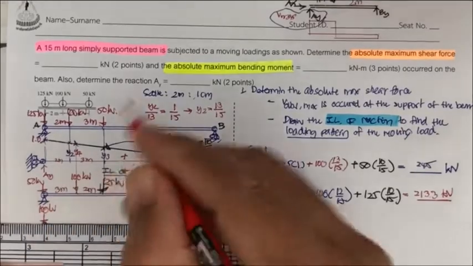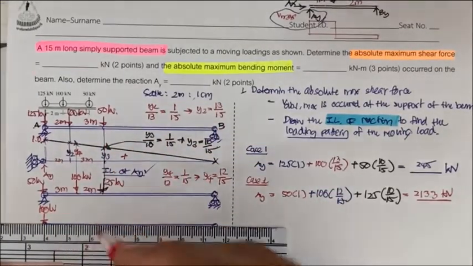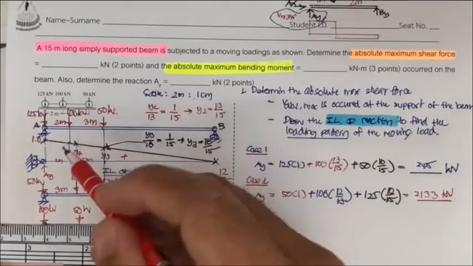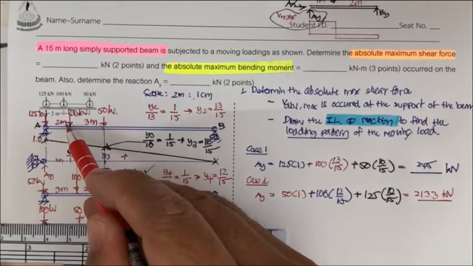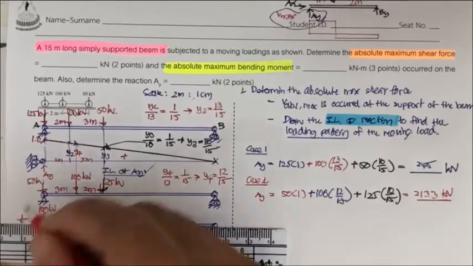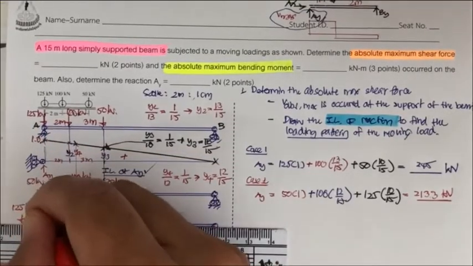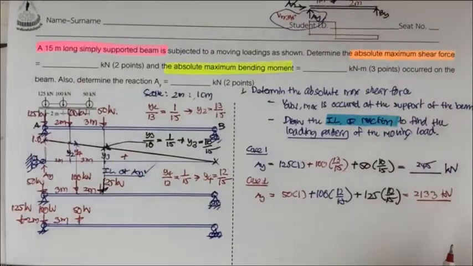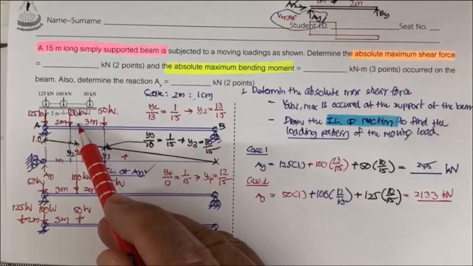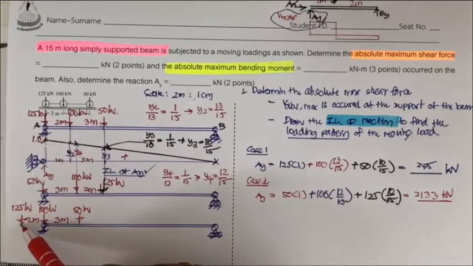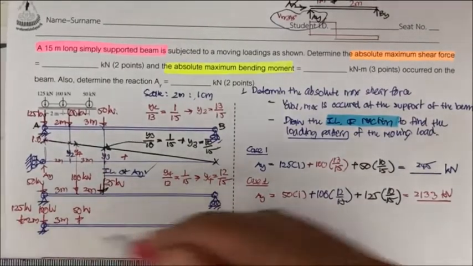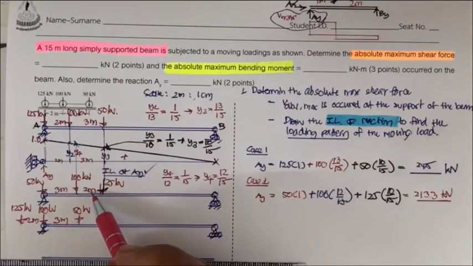That's 100 kilonewton. And 3 meter, 1, 2, and 3. And that's going to be 50 kilonewton. And then between this is 2 meter. So it's going to be 2 meter, and put the 125 kilonewton out. Okay, in this case, the 125 kilonewton is out of the beam. And the last one is here. But this time it is related to this one.